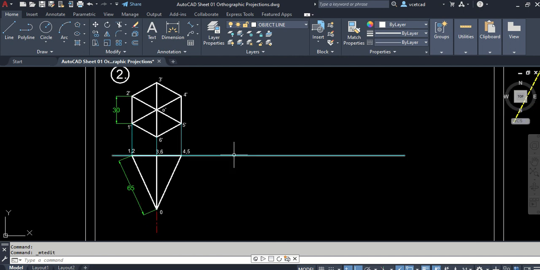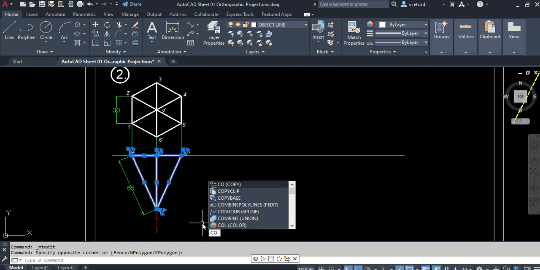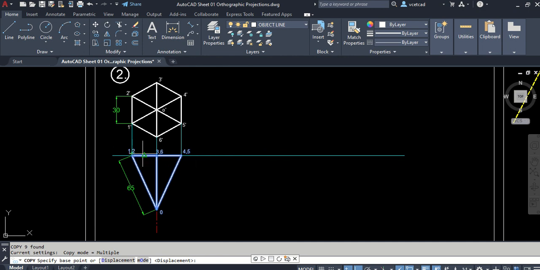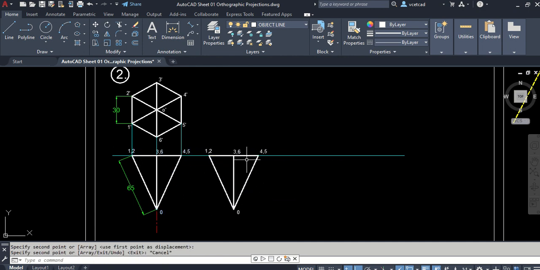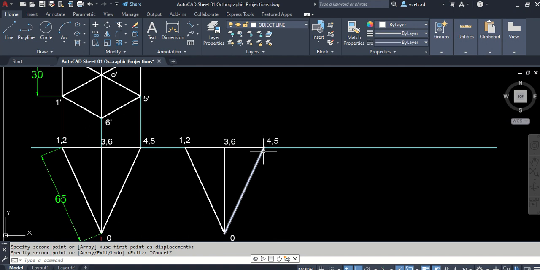In your case, you have to select a point 4, 5 on the XY line. First select this point 4, 5 and draw a line 65 millimeter long, and on this you will get point O. In your case, select this point 4, 5 here itself.